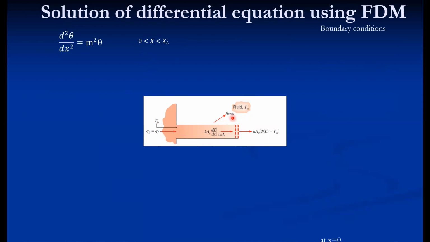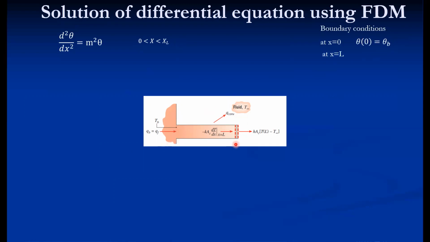Now the boundary conditions: if x is equal to 0, that is at the base, theta is equal to theta B. So theta B is the temperature difference, base temperature minus ambient temperature. Suppose the base temperature is 100 degrees Celsius and ambient is 25 degrees Celsius, then theta B is 75 degrees Celsius. So this initial condition is given.